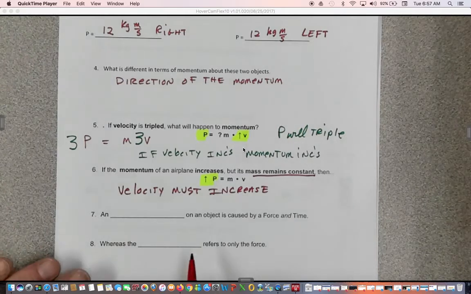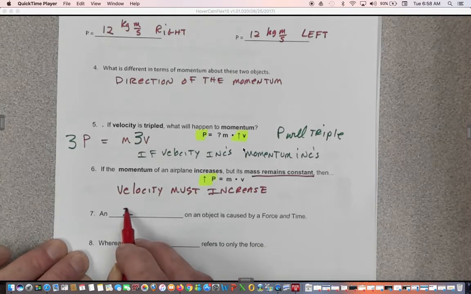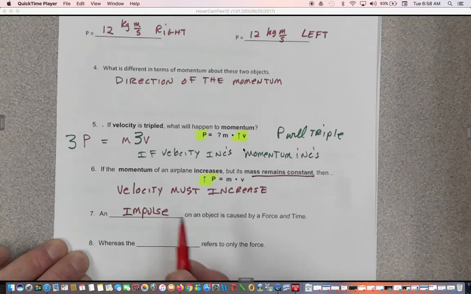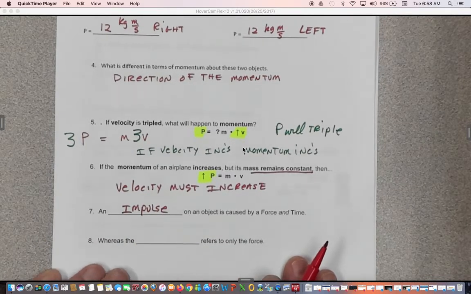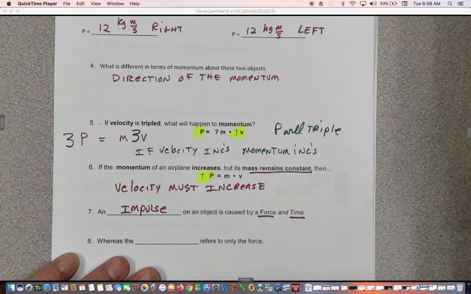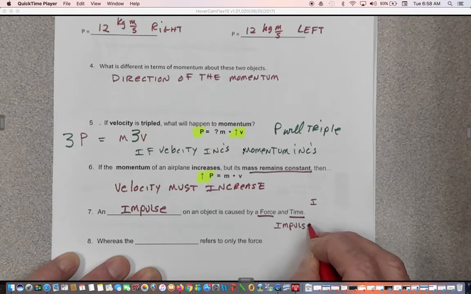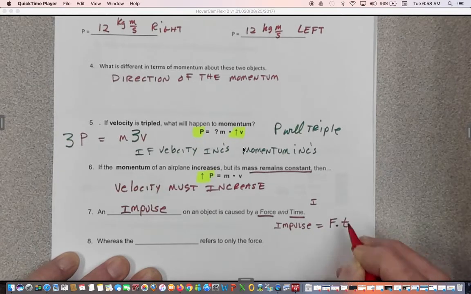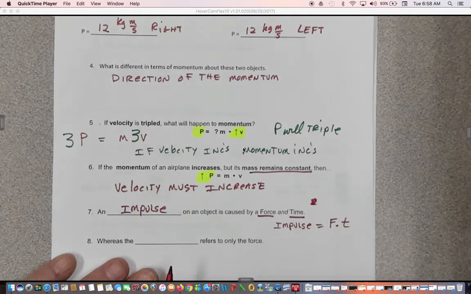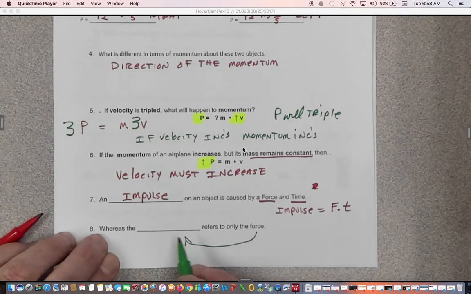These next two are very important. What causes an object to change momentum? An impulse. Not a force, but an impulse, a force and a time. So impulse, I'll write it here, equals force times time. That changes momentum. Another word for force is called impact.